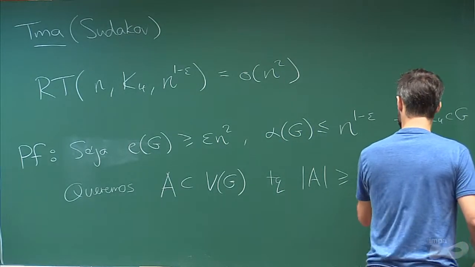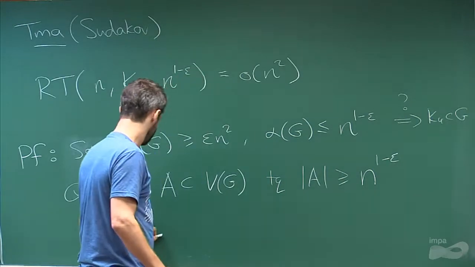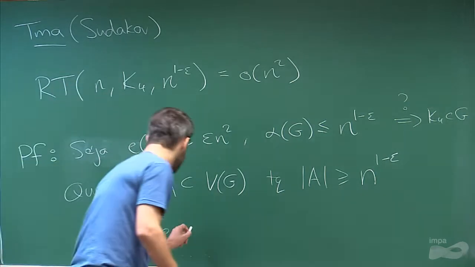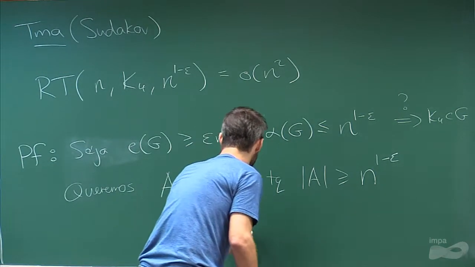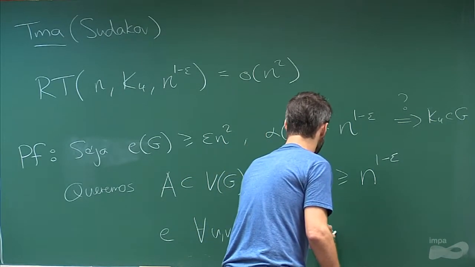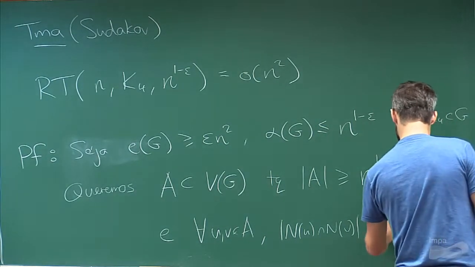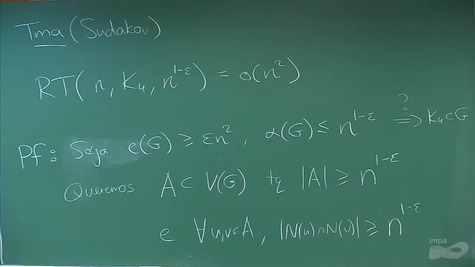Such that for all u, v in A, the neighborhood of u intersect the neighborhood of v should be at least n to the power 1 minus something. Okay, let's try and prove that lemma.